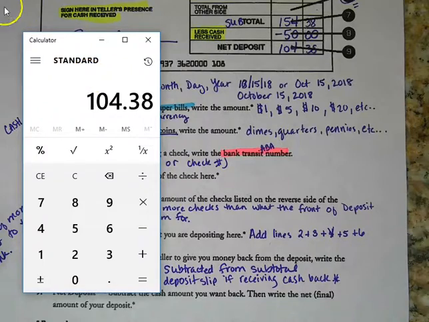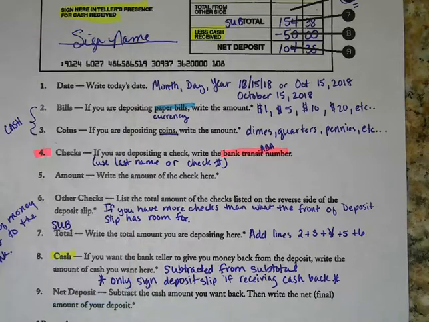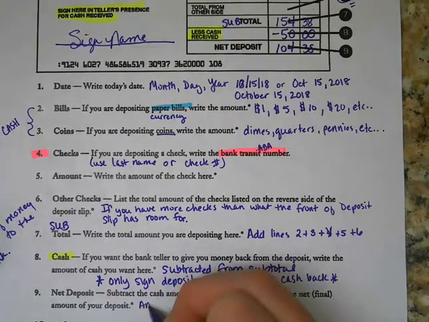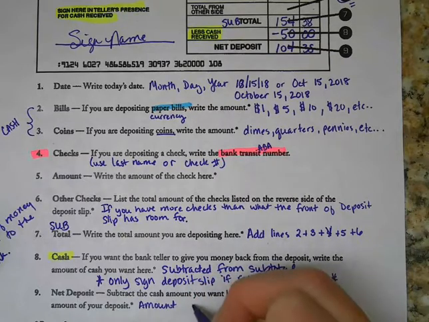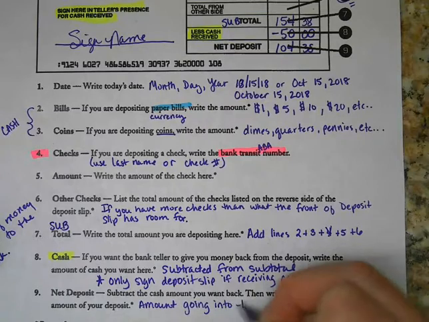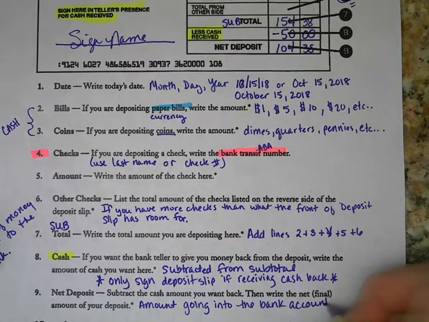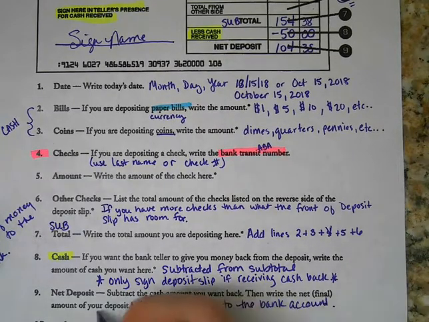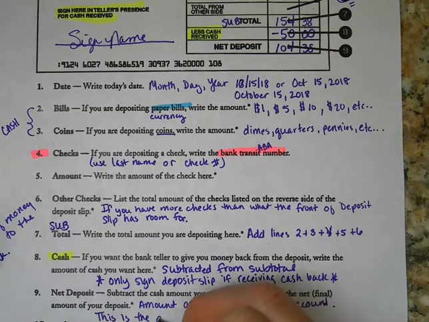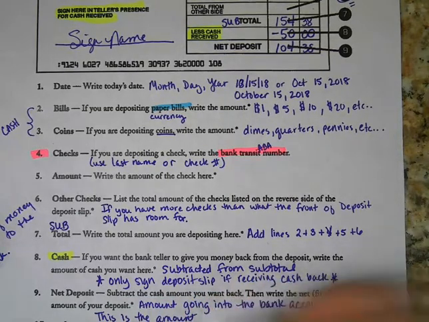Okay, so let's make sure we get all of that information down in our notes. All right, so the net deposit is the amount going into the bank account. This is the amount recorded in the check register or the register.